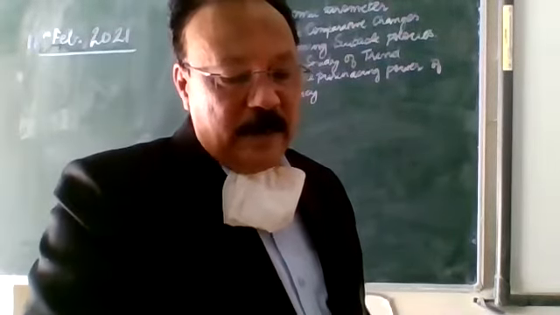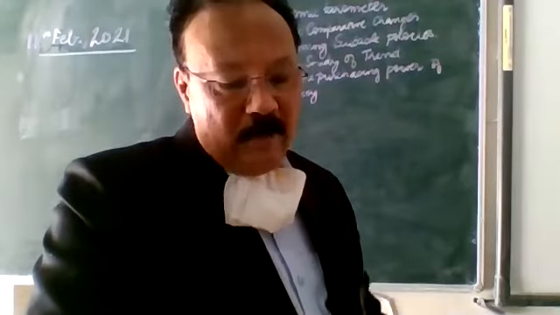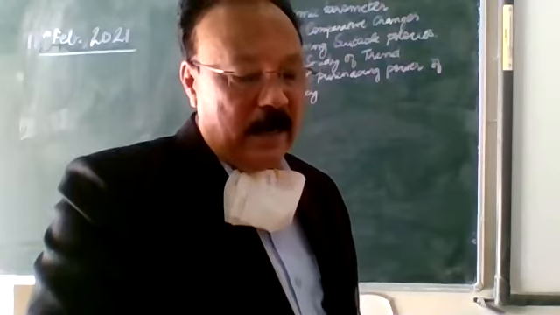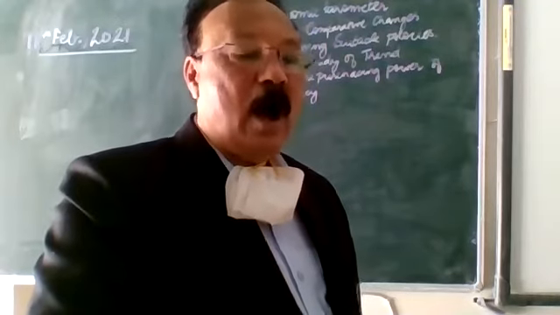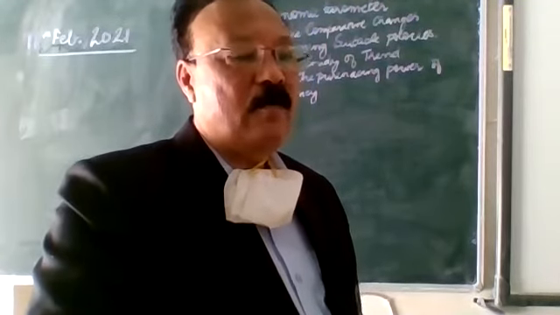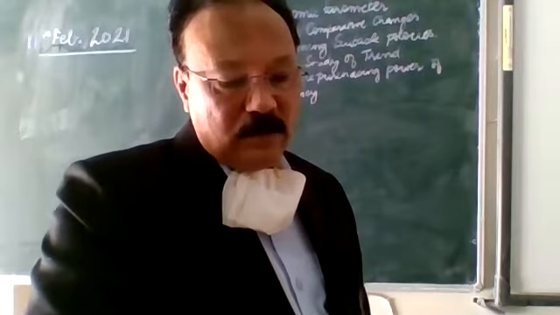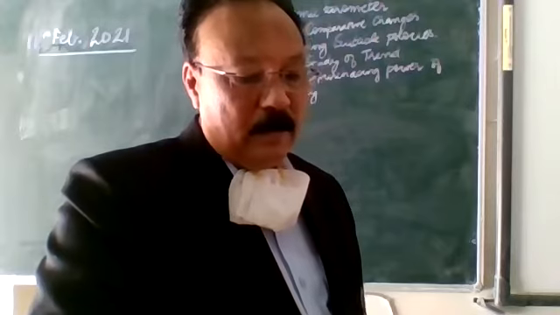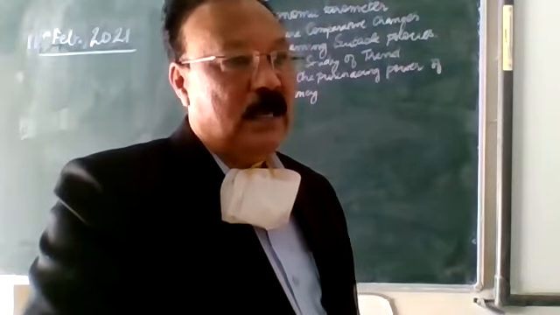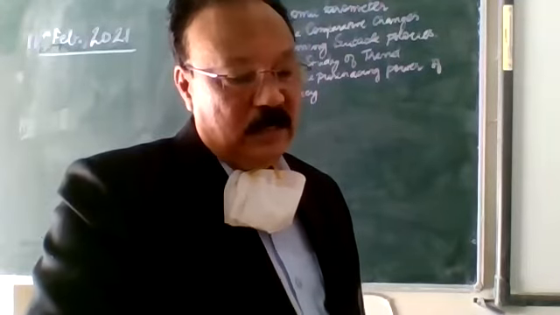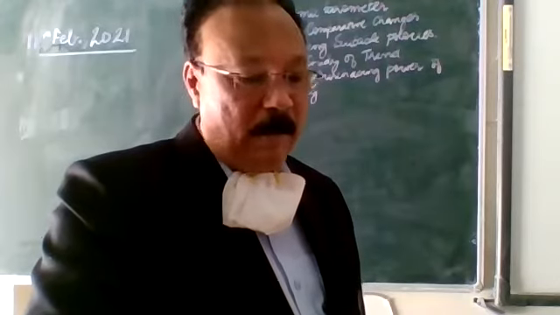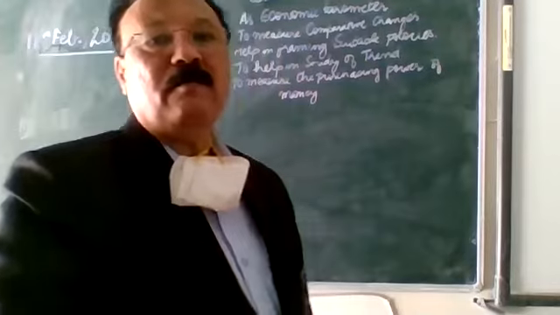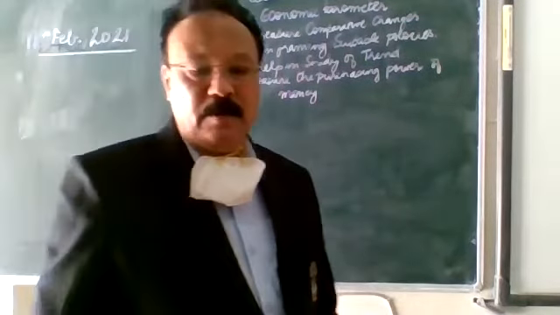It means that a person who was having, let's say, an income of rupees 1000 per month in 1990 should now have an income of rupees 5000 to maintain the same standard of living which was in 1990. So this is how we measure the purchasing power of money. So these are the 5 uses of index numbers.